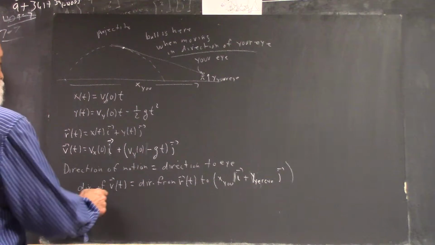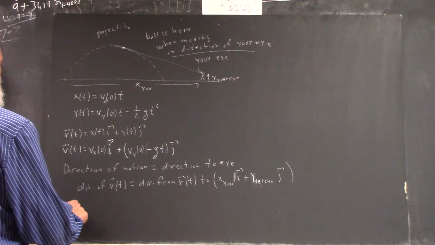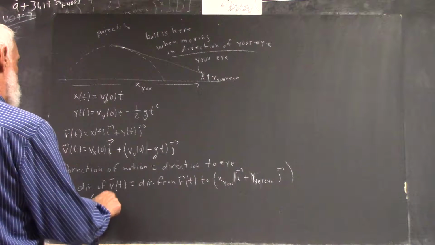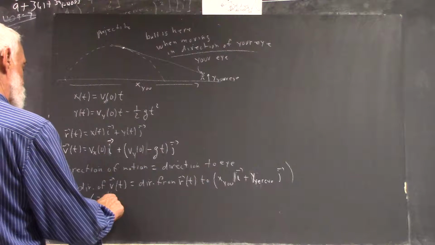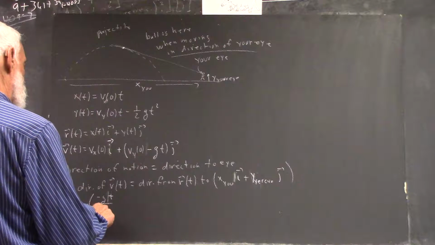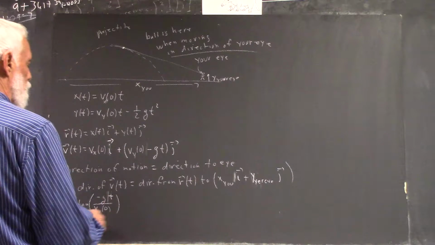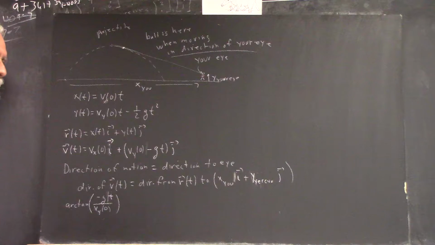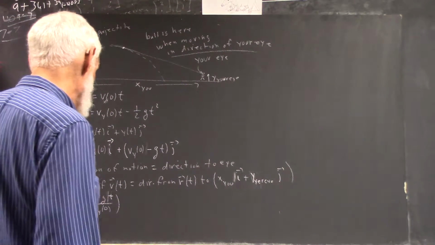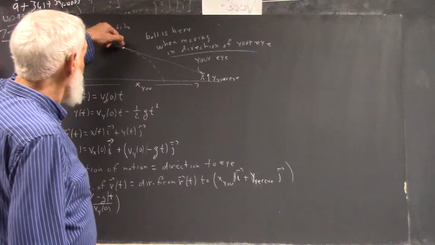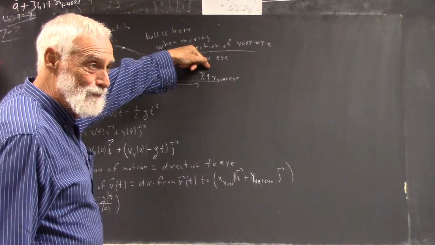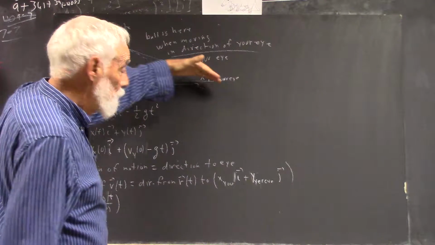Well, the direction of v of t is the arctangent of negative gt, I'll write that in function notation, over Vy of 0. Now we're getting into enough mathematics that it gets a little hard to connect it. But if you understand what's going on, you've just got a rise and a run, and you've got a direction here.